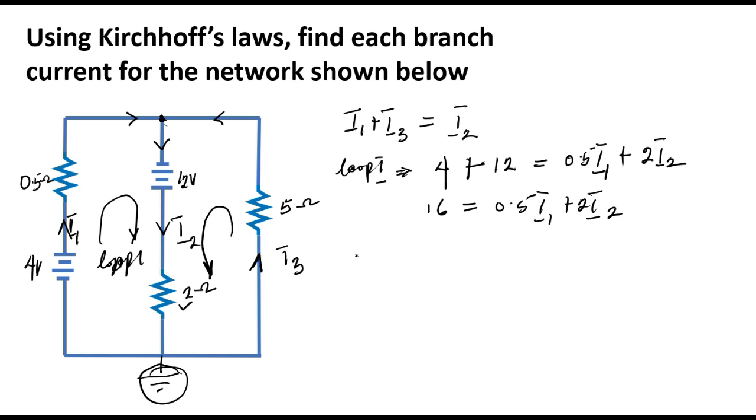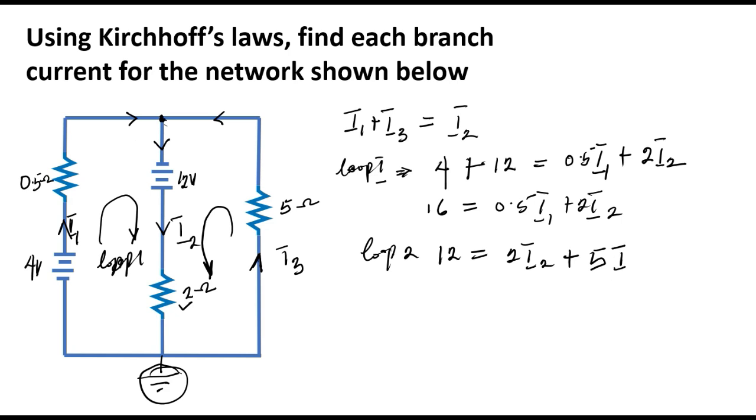Now, let's take the second loop. On the second loop, I have just one voltage source, my 12 volts across the loop. That 12 will be equal to the voltage drop across my 2 ohms, that's 2 I2, plus the voltage drop across the 5 ohm resistor, 5 I3.